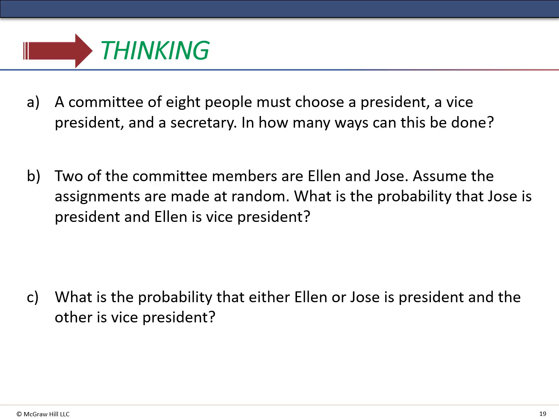When you're thinking of this like president, vice president, secretary, you can think of the first person selected, second, and third. So if I move the order around, let's say whoever's in first is president. If you're put in third, then you're secretary. So order does matter here. So this is a permutation problem, and we get 336.